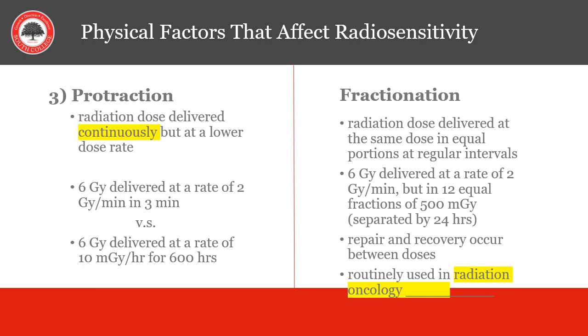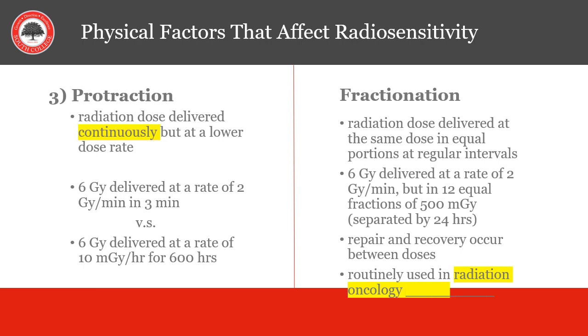What happens in radiation therapy or oncology? Well, we have recovery and repair that occurs between doses. If you look at their scheduling in radiation therapy, a person comes in at the exact same time every day for their treatment. They're there at 9 o'clock, Monday, Tuesday, Wednesday, Thursday, and Friday. They have 24 hours separated between each dose.